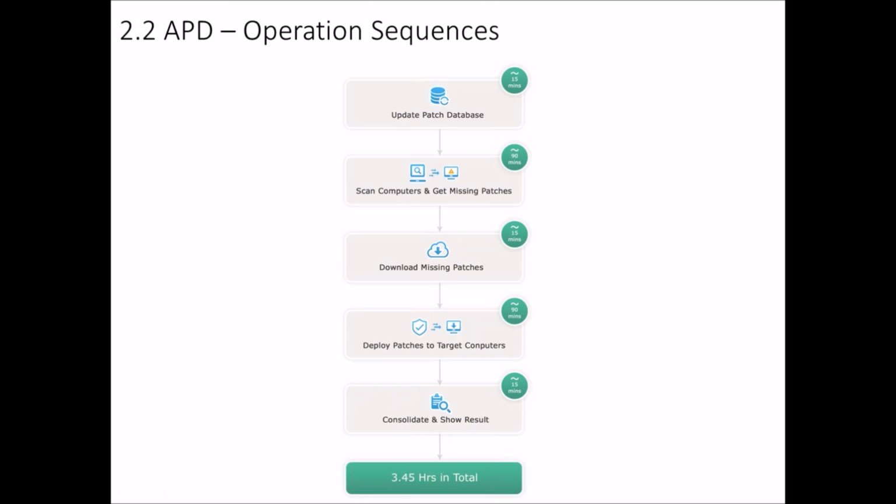Now, to understand how much time it takes for you to patch the client computers in the whole network in an unattended automated way. First, patch database is updated, which takes approximately 15 minutes. And then using that, the entire network is going to be scanned.